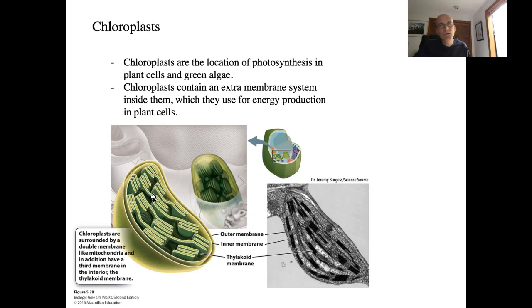And then inside the chloroplast is a third set of membranes, called the thylakoids. The thylakoid membrane system is inside the chloroplast. And along those thylakoid membranes, that's where much of the ATP production in plant cells occurs during photosynthesis. We'll also spend a lot of time later on discussing how exactly that works. All right, so that's the chloroplasts.